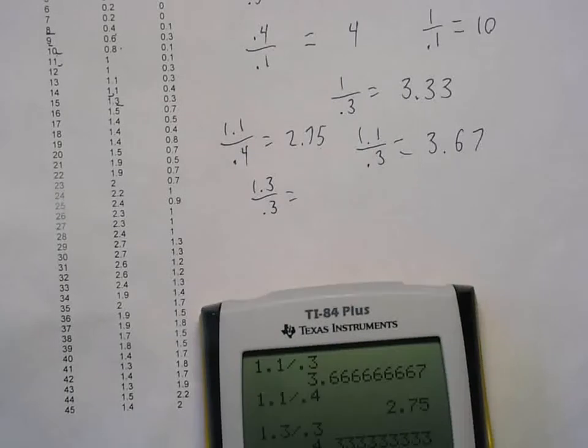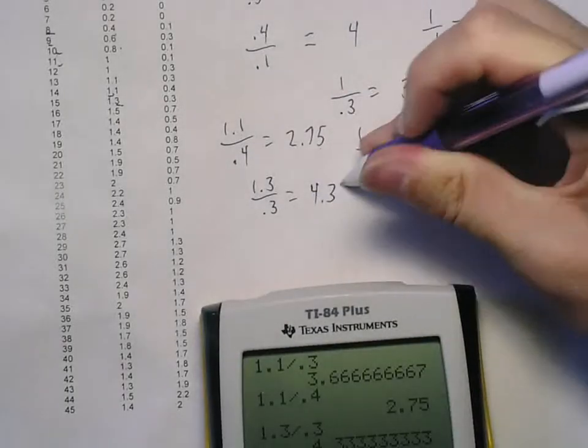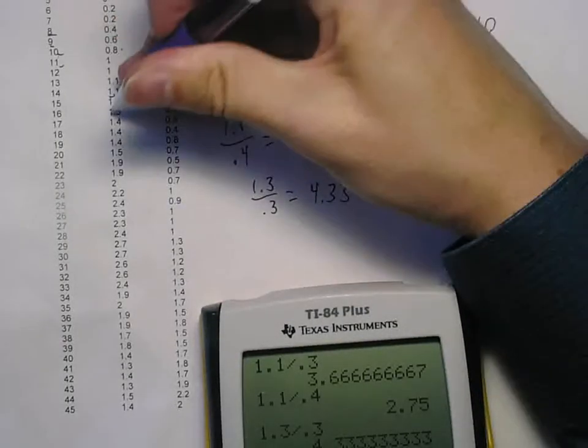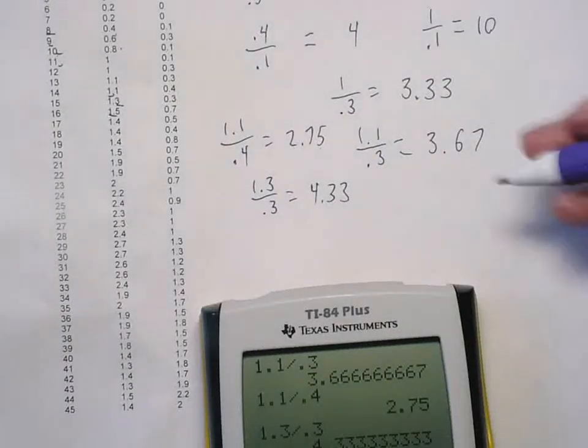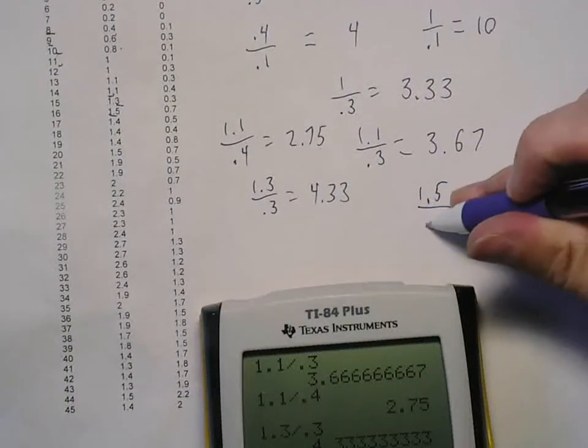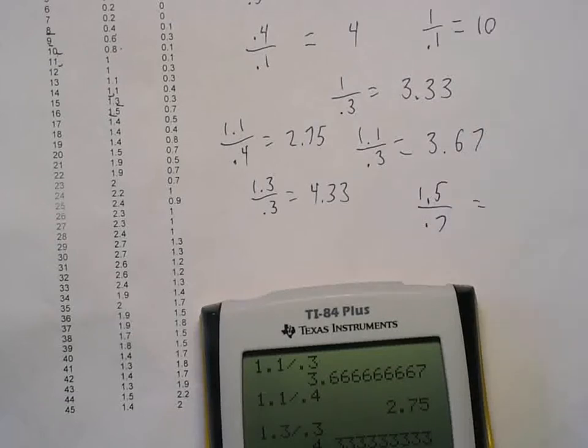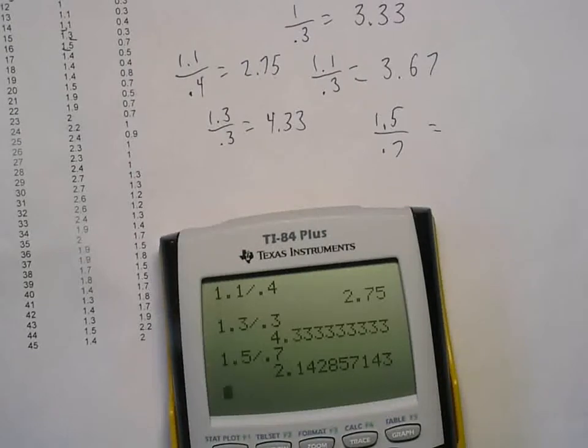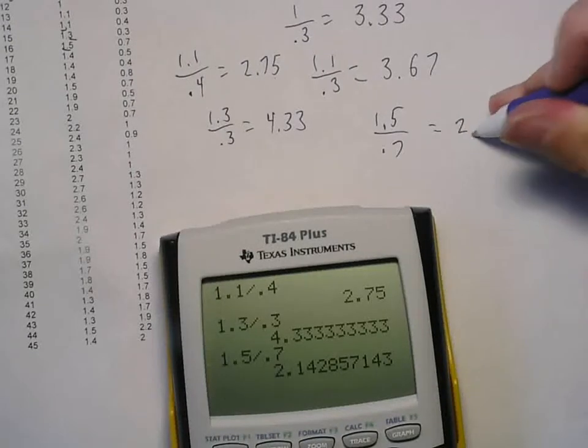Went back up a little bit, so 4 and 33/100ths. So I'm going to keep going, and we got angle 16 is 1 and 5/10 divided by 7/10. Okay, and it's gone down.